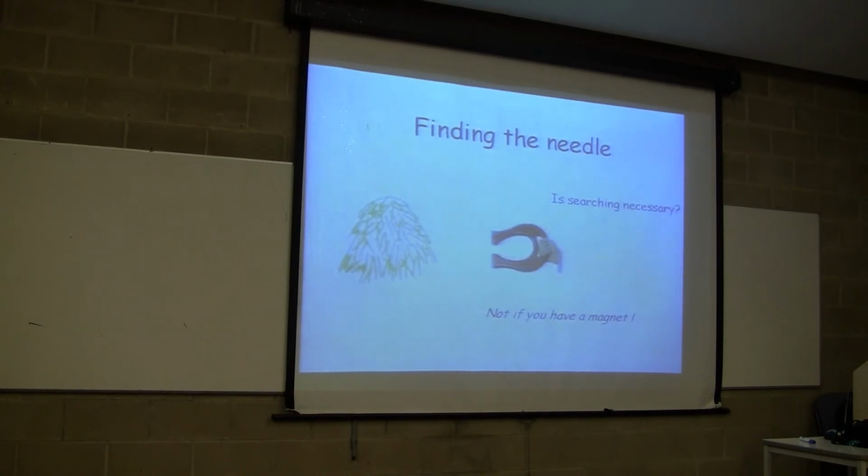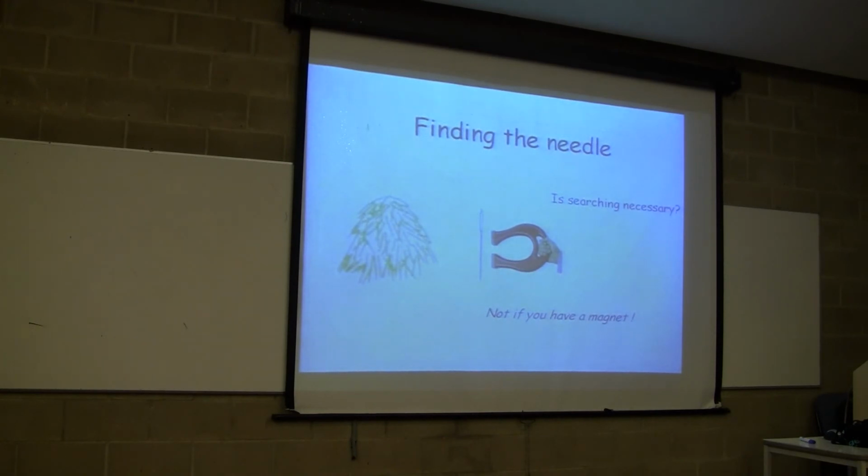Then, bingo, you get the needle right away. You don't have to search at all. So the question that we're asking in the case of factoring and clique is, is there some kind of mathematical analog to the magnet that pulls out the answer without having to search for it? In neither of those cases do we know.